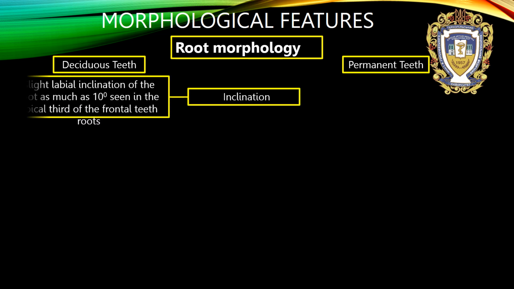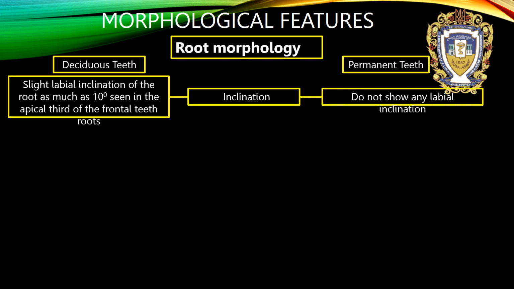The next root morphology characteristic: inclination. Inclination of roots in temporary teeth is slightly labial, as much as 10 degrees, seen in the apical third of the frontal teeth roots.